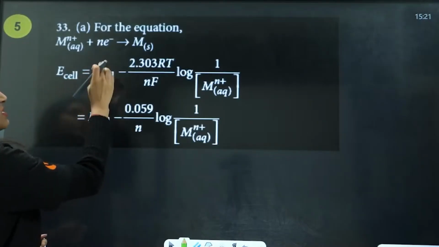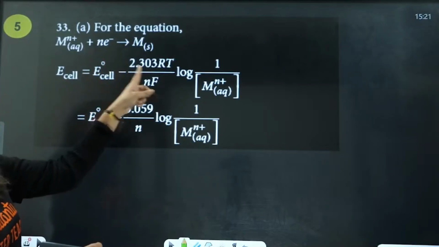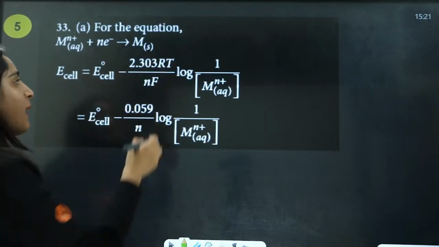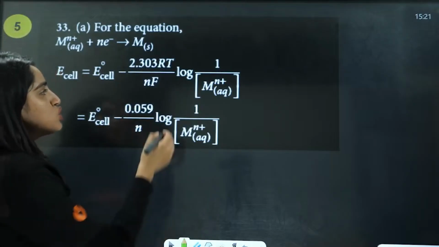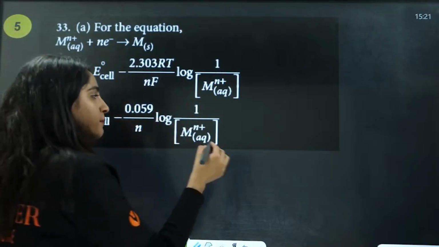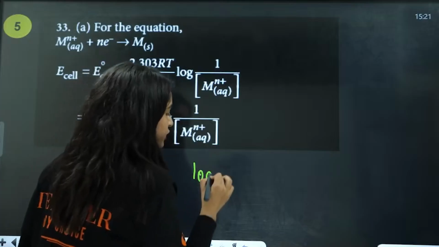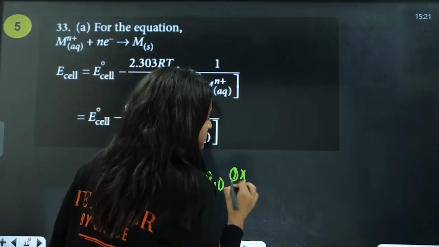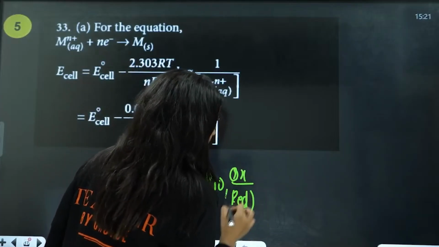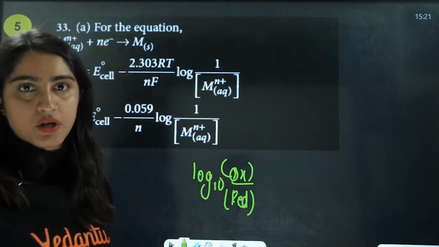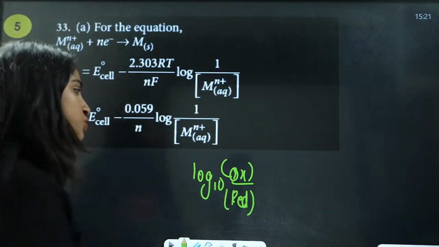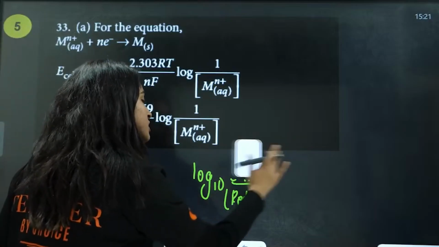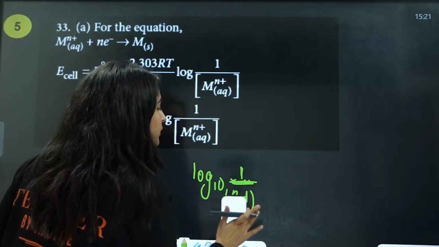E equals E naught minus 2.303 RT by nF, where n is the number of electrons, times log base 10 of oxidation by reduction. There is no oxidation in this reaction, only reduction, so we will not write oxidation; it will be unity divided by reduction.